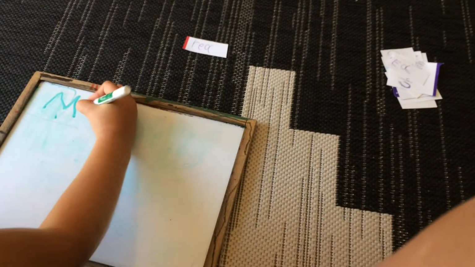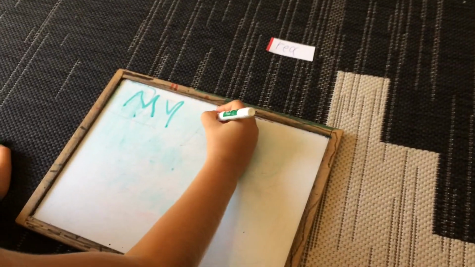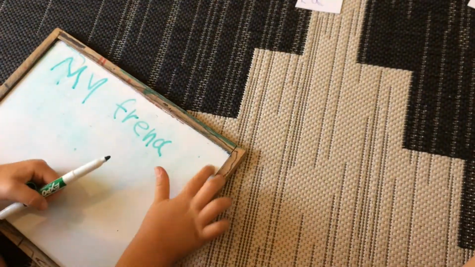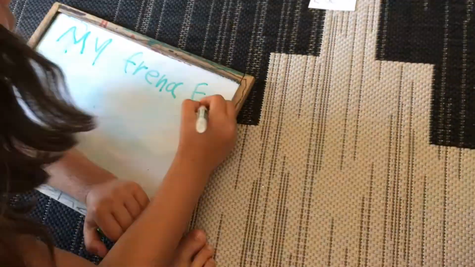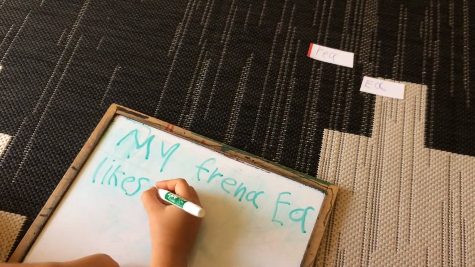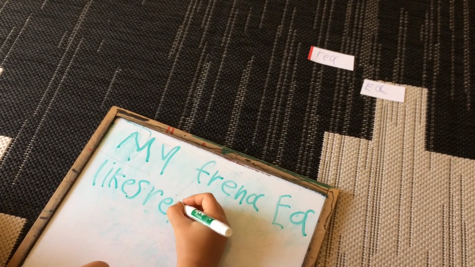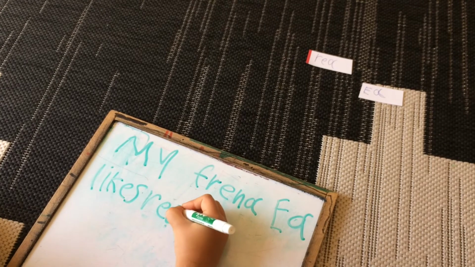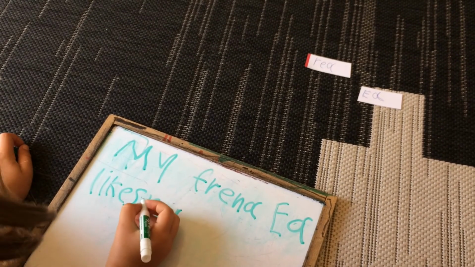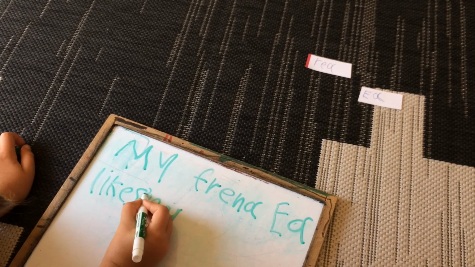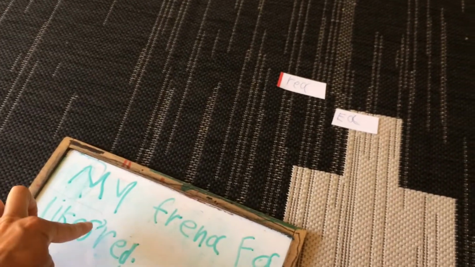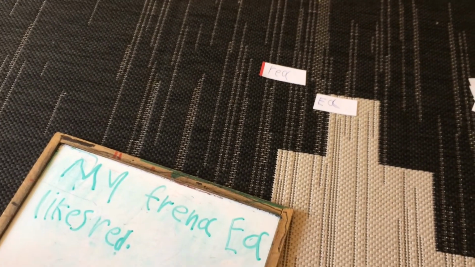Let's see how you do it. My friend Ed. Put your D on there. You got it. What do you need at the end of your sentence? Okay. He likes red.